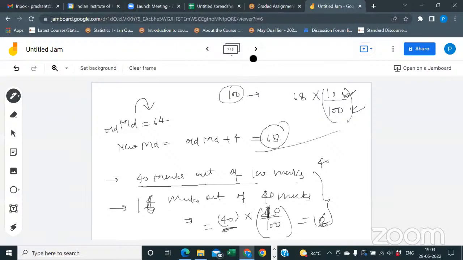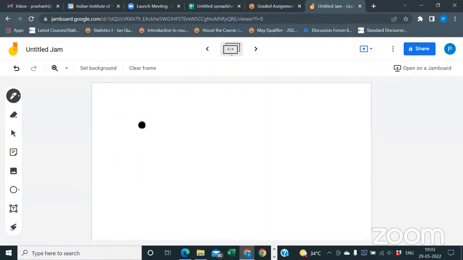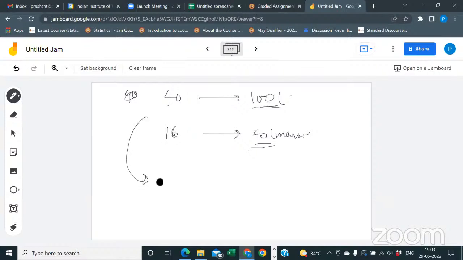See, initially I got 40 marks. This thing is also a bit confusing for me. See, I got 40 marks out of 100 marks, right? Then can I say I got 16 marks out of 40 marks? This is the total one, and here the total is 40. Sir, are we comparing the ratio, like above ratio and below ratio are the same?